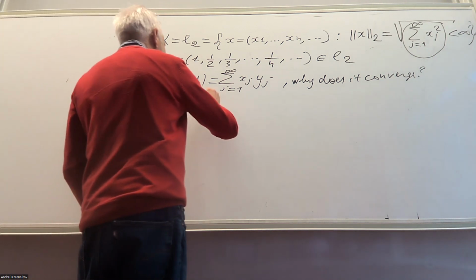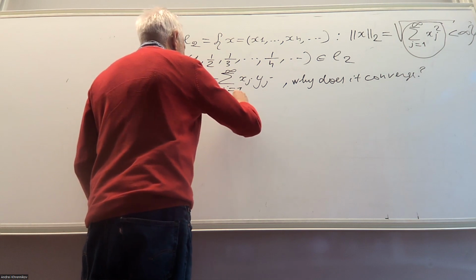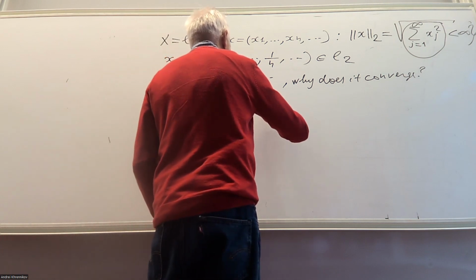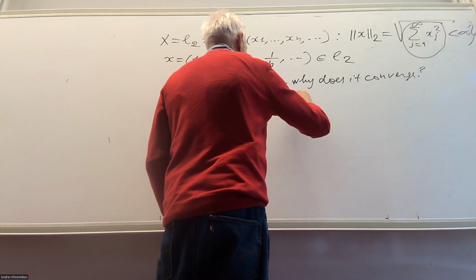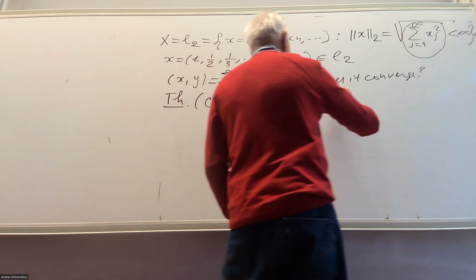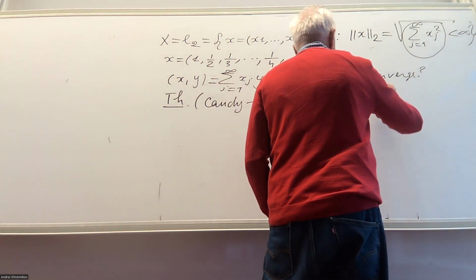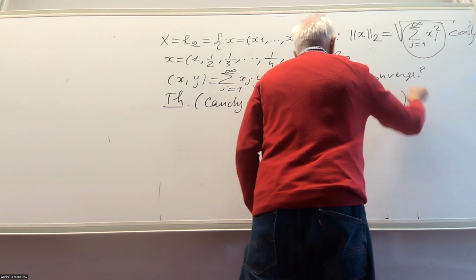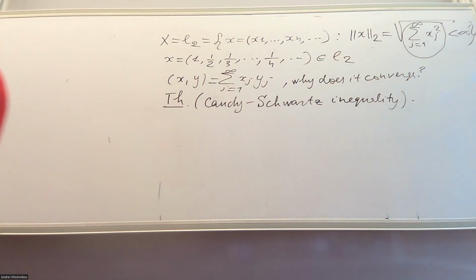Theorem. It's called the Cauchy-Schwarz inequality. Again, the whole theory of Euclidean spaces is based on this Cauchy-Schwarz inequality. So everything is coming from it.